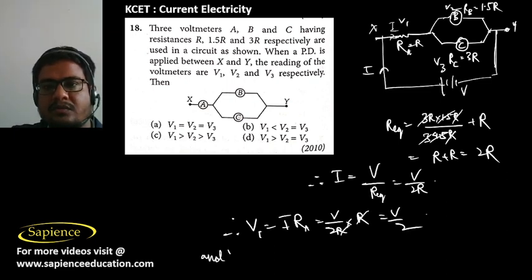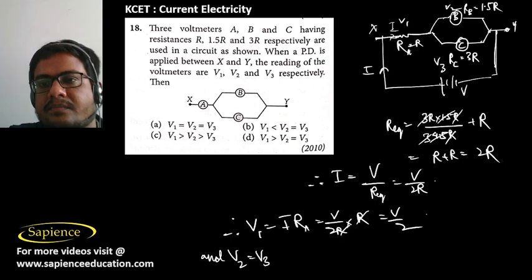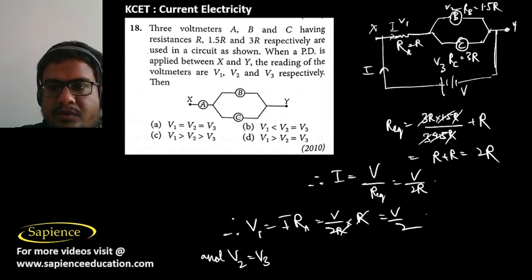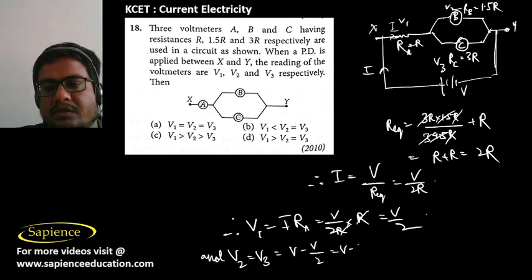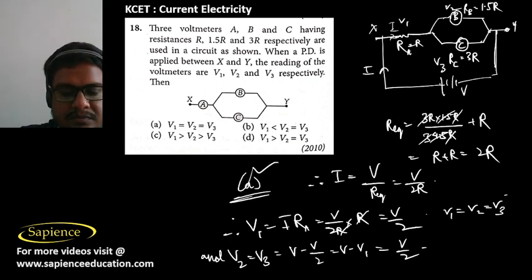And V2 will be same as V3 since they are connected in parallel. Therefore the potential difference in between the voltmeters B and C will be the same. So V2 will be equal to V3, that is equal to V minus V by 2, means V minus V1 actually, which will be equal to V by 2. It means that all are equal, means V1 will be equal to V2 equal to V3. It means that option A is the correct answer.